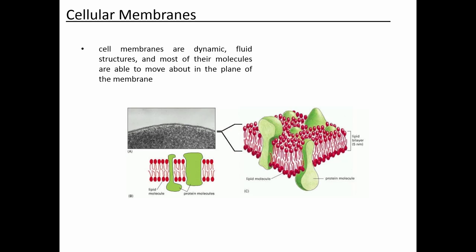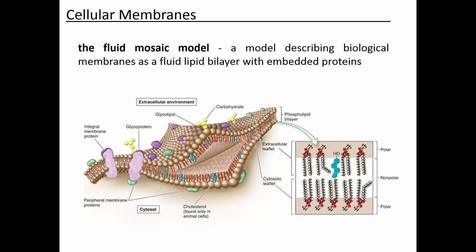The model that describes membranes is the fluid mosaic model. The fluid part refers to what we just talked about, the fact that the molecules are able to move about within the plane of the membrane.